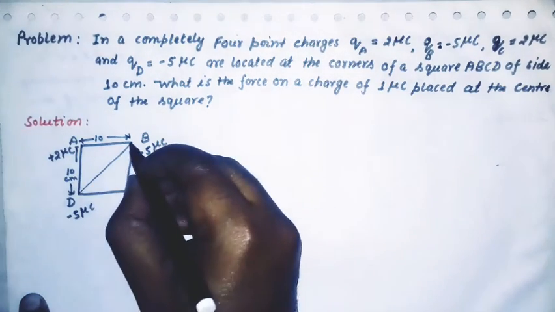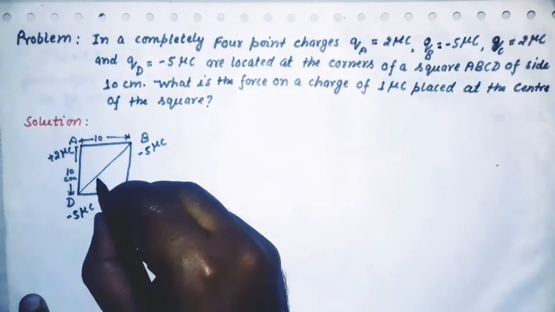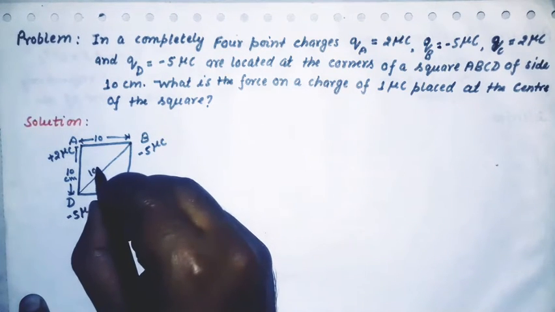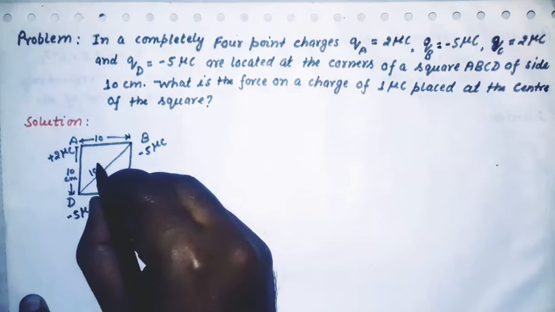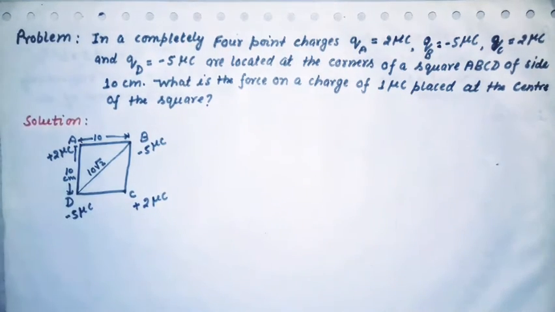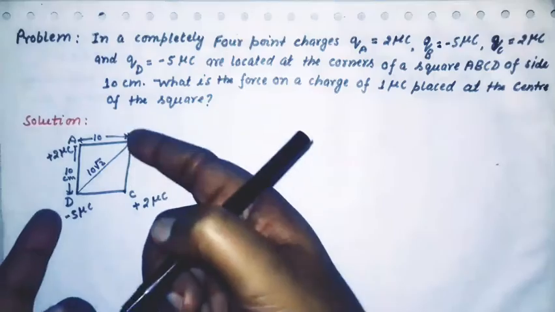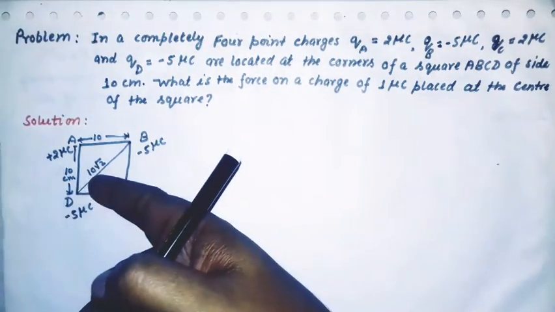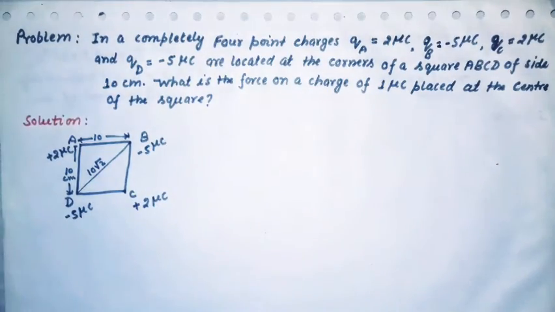So what will be the diagonal? If this side is 10 and this side is 10, it will be 10 root 2. Any diagonal will be 10 root 2. So the distance between these two charges is 10 root 2, similarly between these two charges is 10 root 2. We will use this concept while calculating the force.